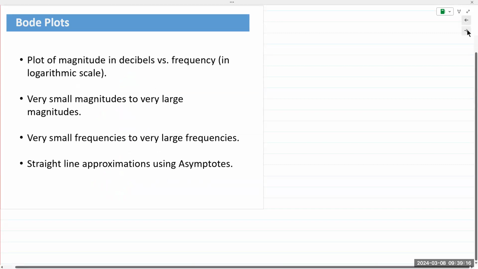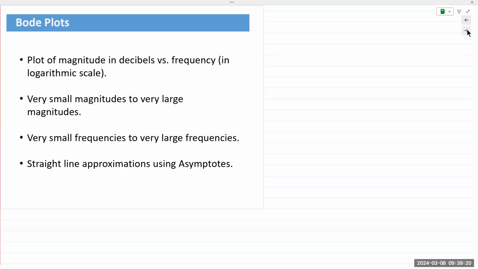So then let's look at Bode plots. H.W. Bode, that's who the plots were named after. The initial problem was to plot a very large range of frequencies on a very small plot. If you think about just the human hearing range, we'd go from tens of hertz all the way to kilohertz.